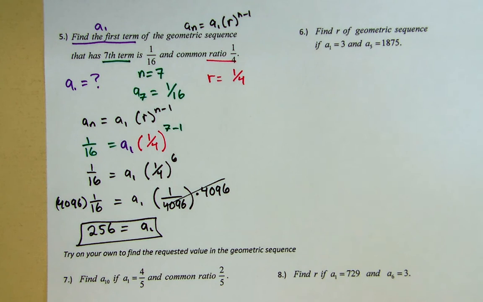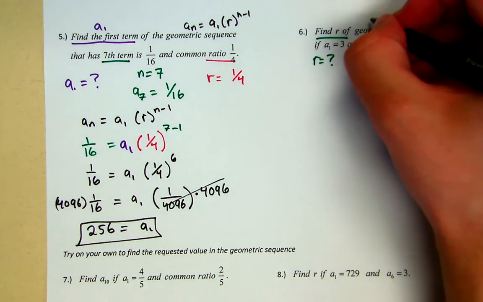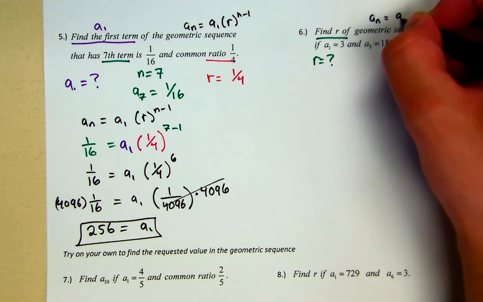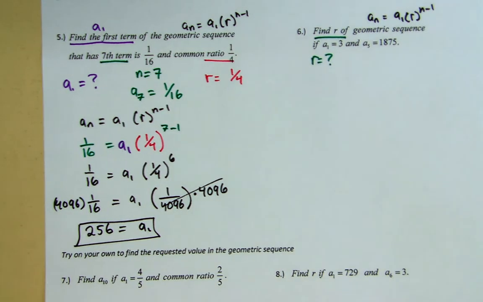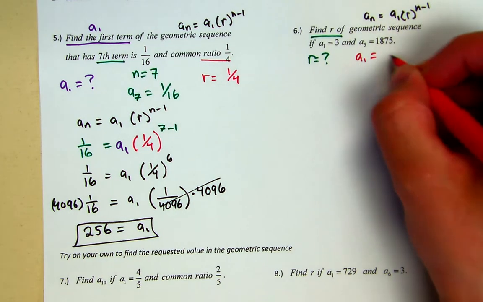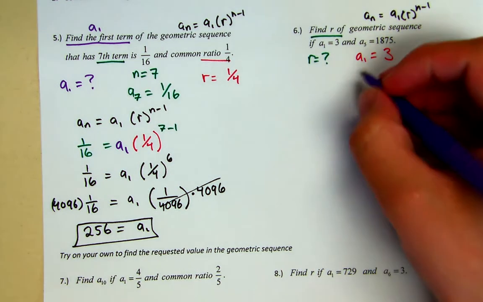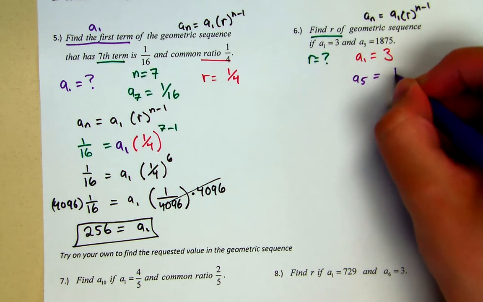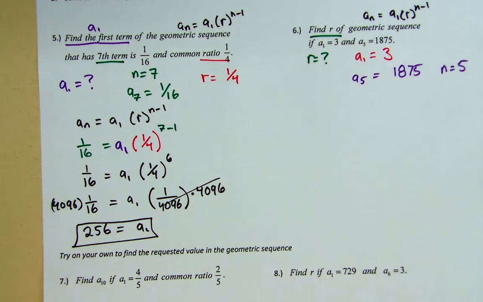Alright, what about finding r? So I don't know r. Geometric sequence, again, an equals a1 times r to the n minus 1. If a1 equals 3 and a5 equals 1875, which means n is going to be 5.